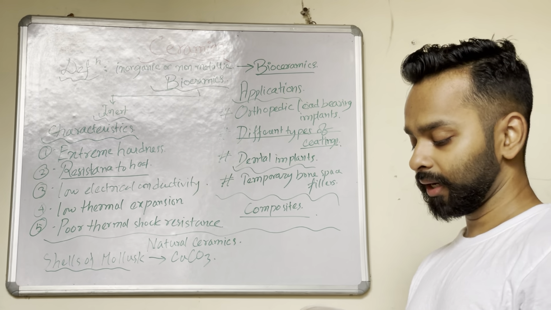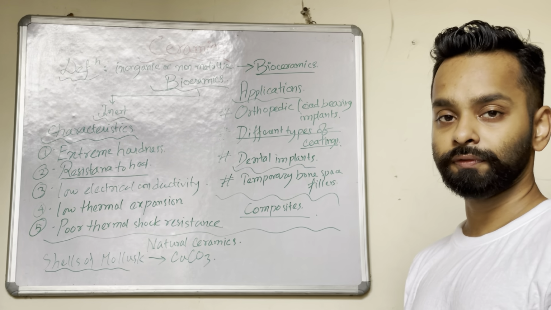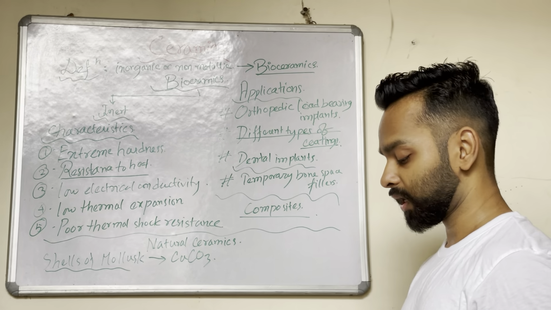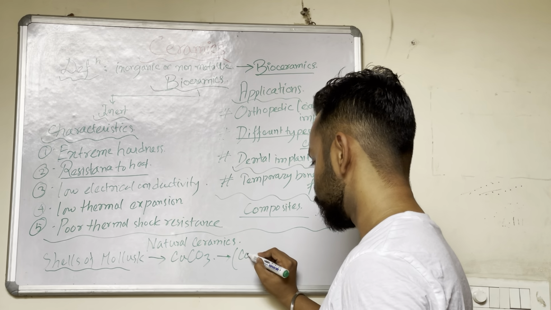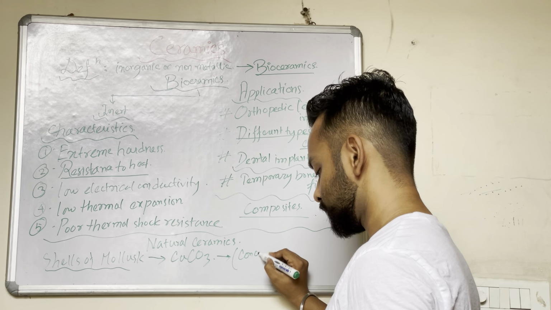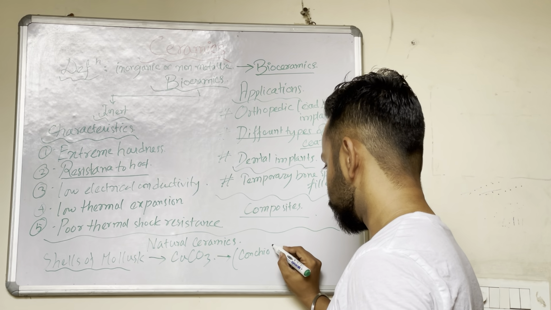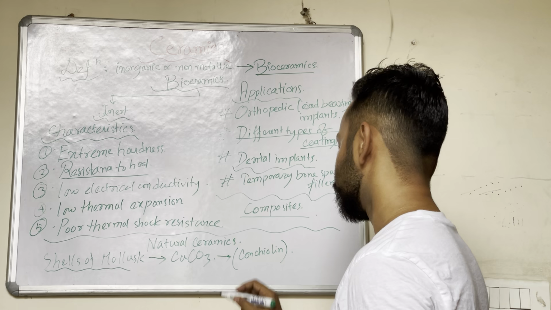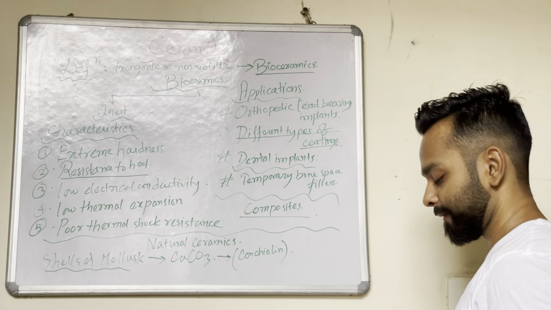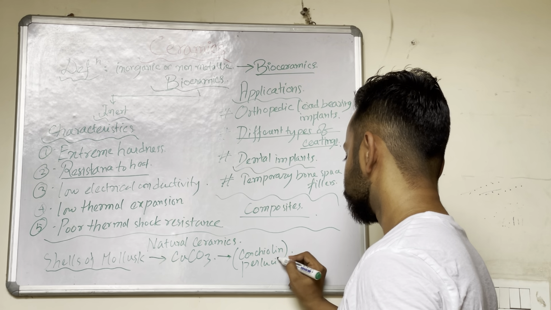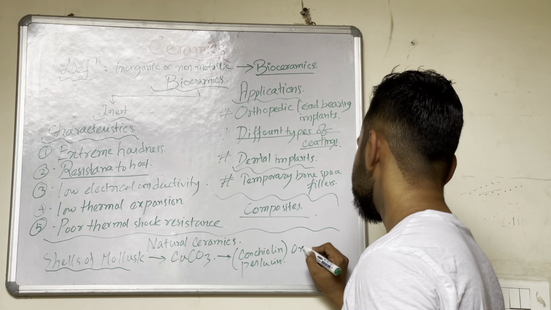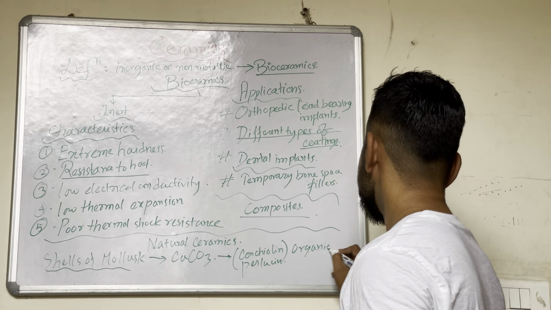And the organic layer which they have is made up of conchiolin and perlucin. So this is the organic layer of the shells.